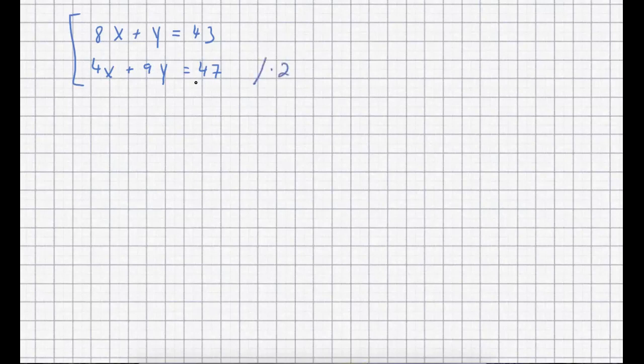Right. So first of all, we copy the first one because we didn't do anything. So it's 8x plus y equals 43. Then times 2, it's 8x plus 18y equals 94. Okay? And now what do you do?